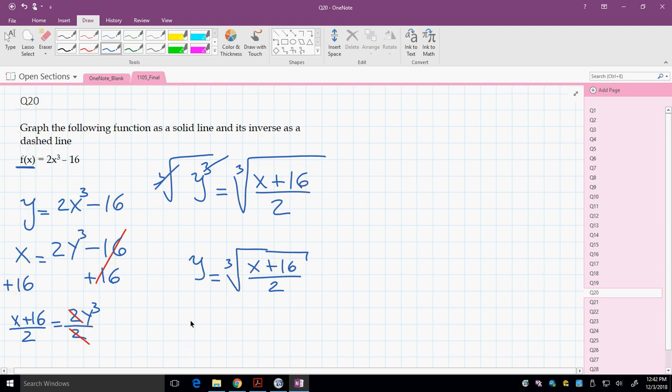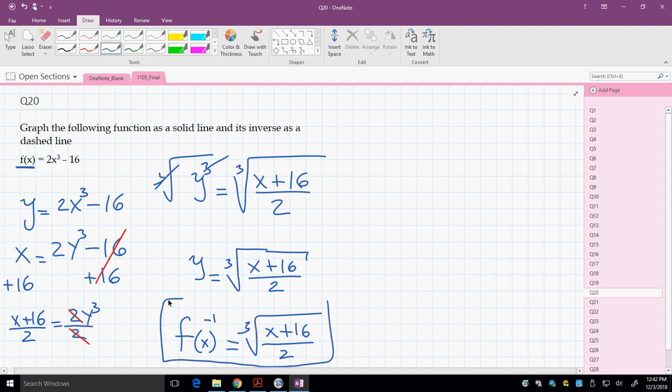The last step for the inverse is going to be to change the y for the inverse symbol, which is f of x raised to the negative 1. We're going to have the cube root of x plus 16 all divided by 2, and this is our inverse.